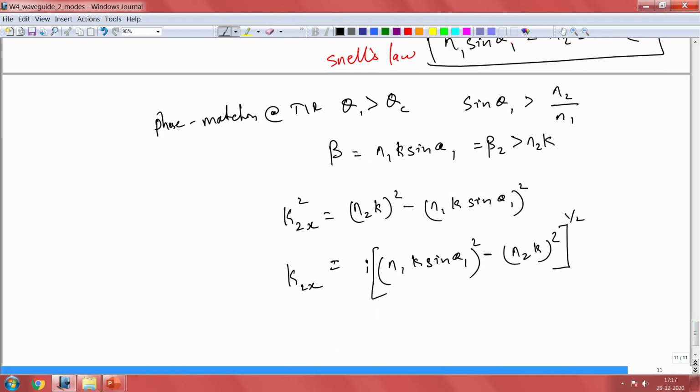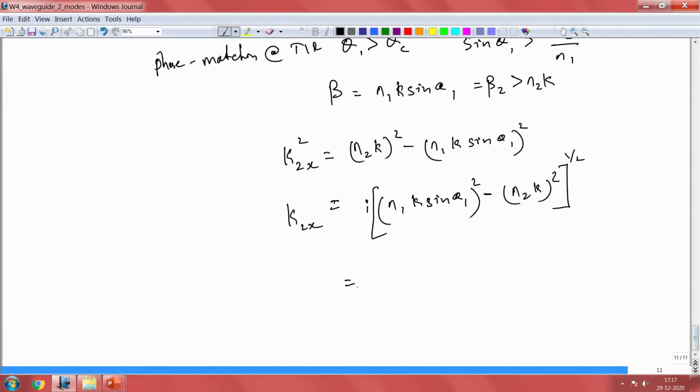All right. Because this is imaginary, I can represent this whole constant, let us say, as alpha. So, here alpha is nothing but the square root of n1 k sin theta 1 the whole square minus n2 k the whole square.